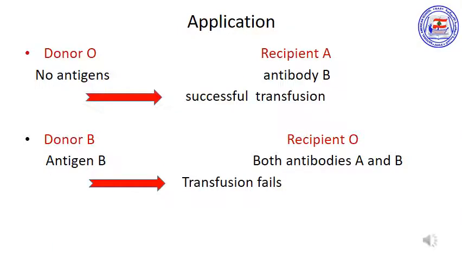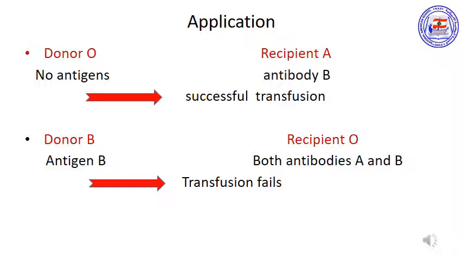So let's do an application here. In the first case, the donor O and the recipient A. So as we said, we care for the antigens of the donor and the antibodies of the recipient. The donor O has no antigens. The recipient A has antibody B. So since, as you see, no compatibility here between the antibody and the antigens, since no antigens, then transfusion can happen and it's successful.